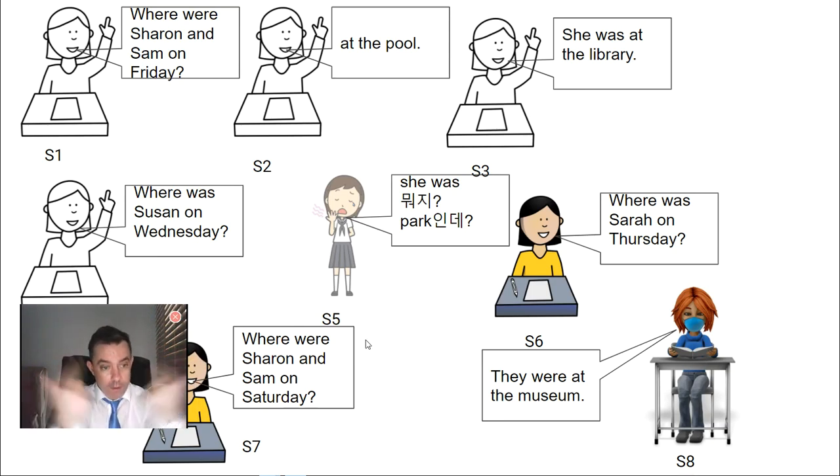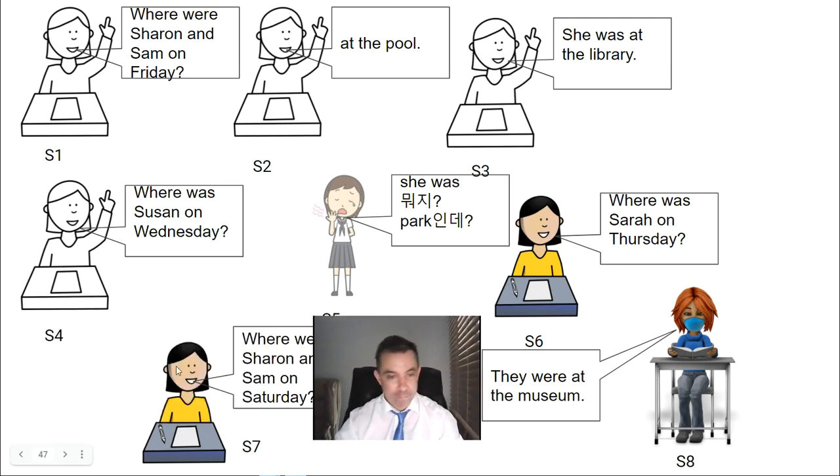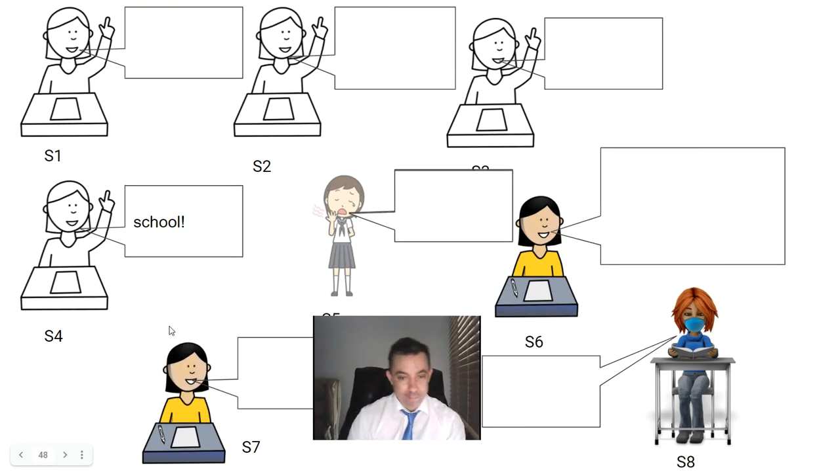And 1, 2, 3. Eyes on me. Good job with this activity. Quick question for S4. Where were you on Tuesday, S4? School. Okay, can you tell us in a complete sentence? I was at school.